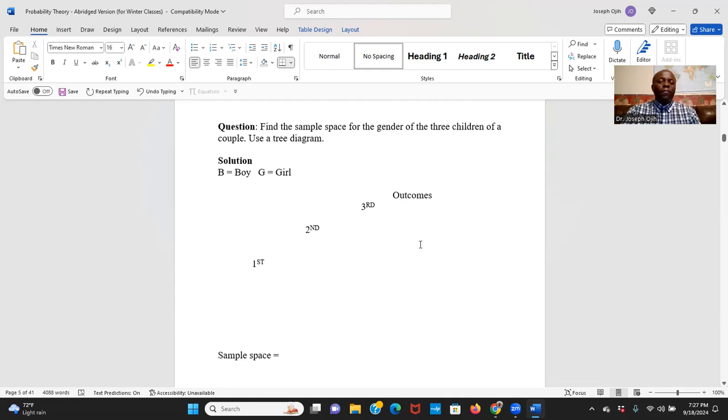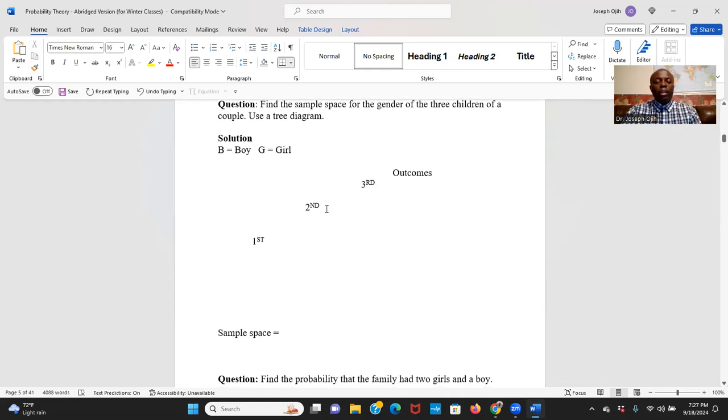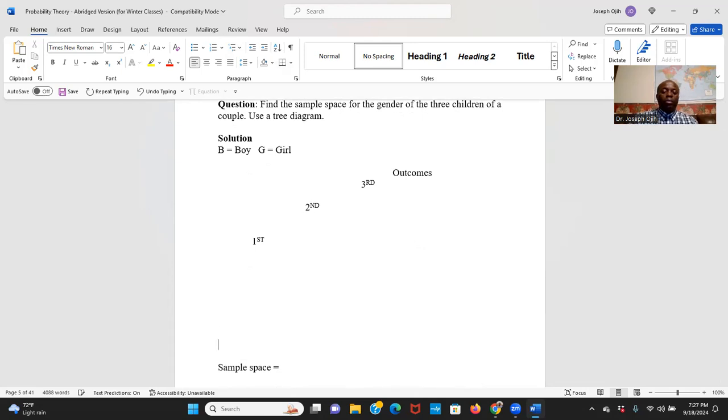It says, find the sample space for the gender of the 3 children of a couple. Use a tree diagram. In this case, let's use B for boy and G for girl.